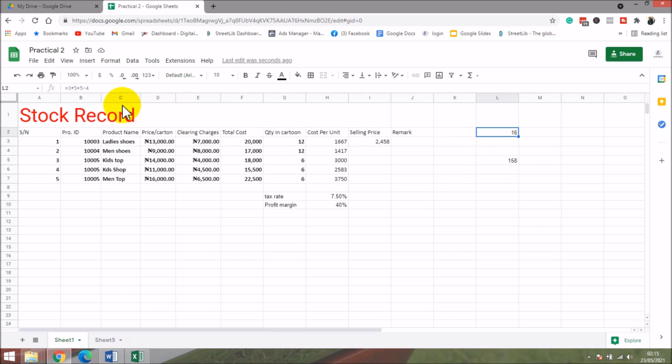But if you are hoping to get a specific answer, then you need to be concerned about how you arrange it. In this case, multiplication is going to happen first, then addition, then subtraction. That is just how it's going to follow through to get this answer. Okay, so that is basically it about complex formula.